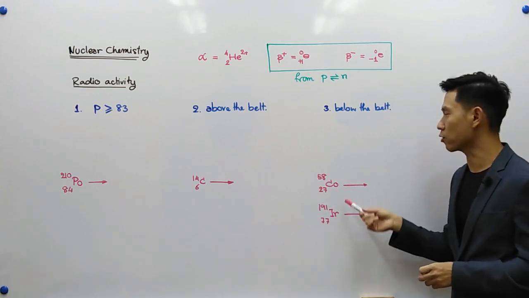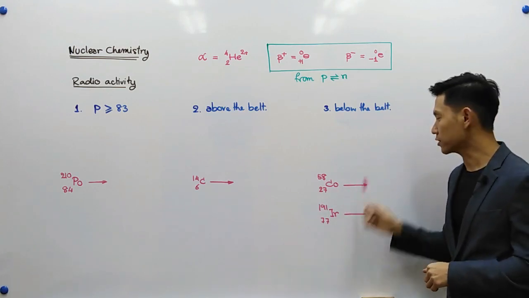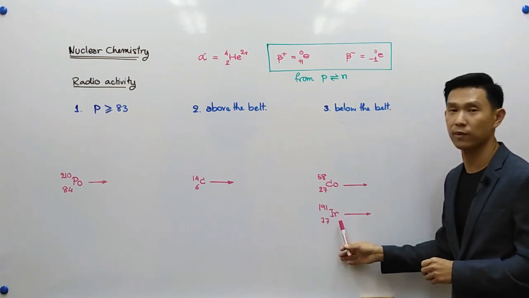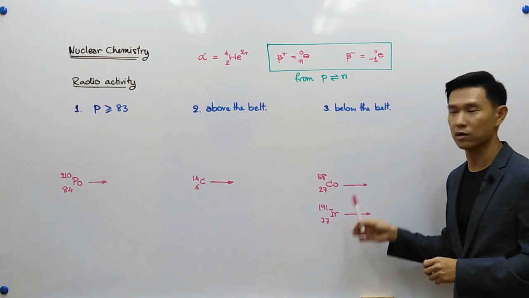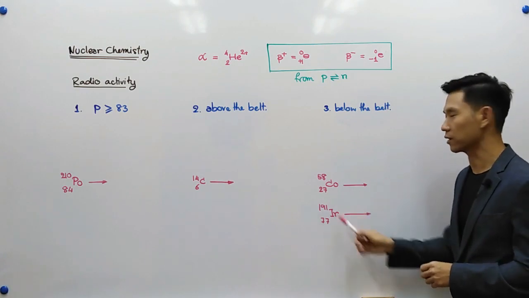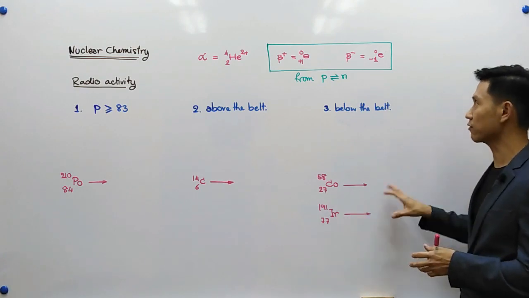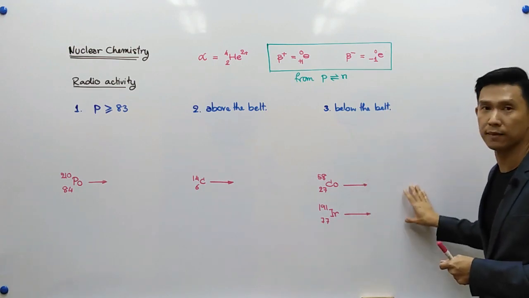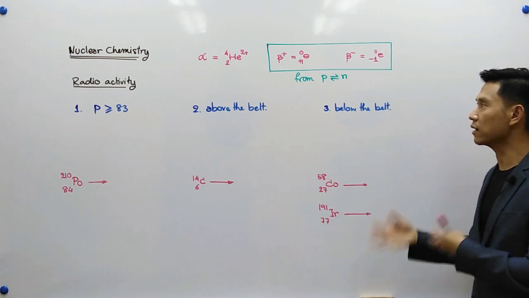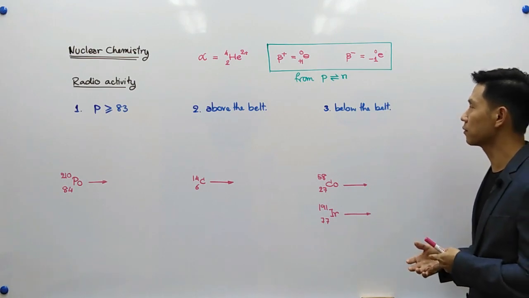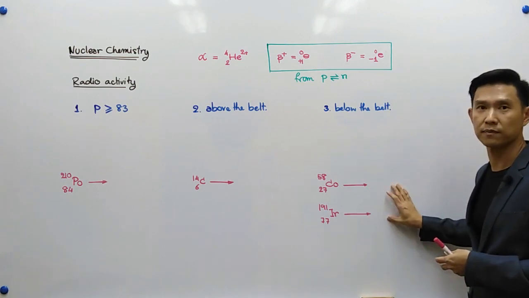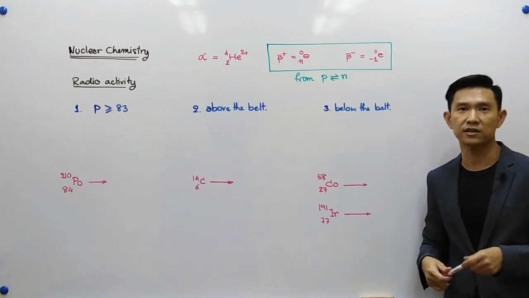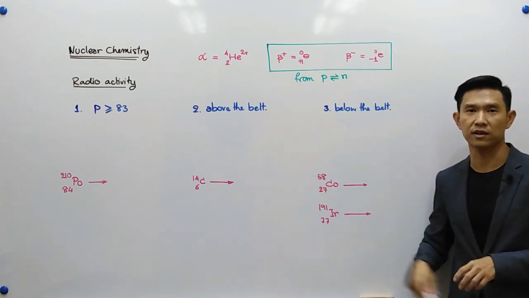The stable isotope of cobalt is 59, and the stable isotope of iridium is 192. This is 191, so this is not stable. But how can it be stabilized? You have to release something, alpha, beta plus, or beta minus, and explain why. Okay, so think about it and try to fill this equation up. That's your assignment. See you again in the next clip for the answer to this assignment.